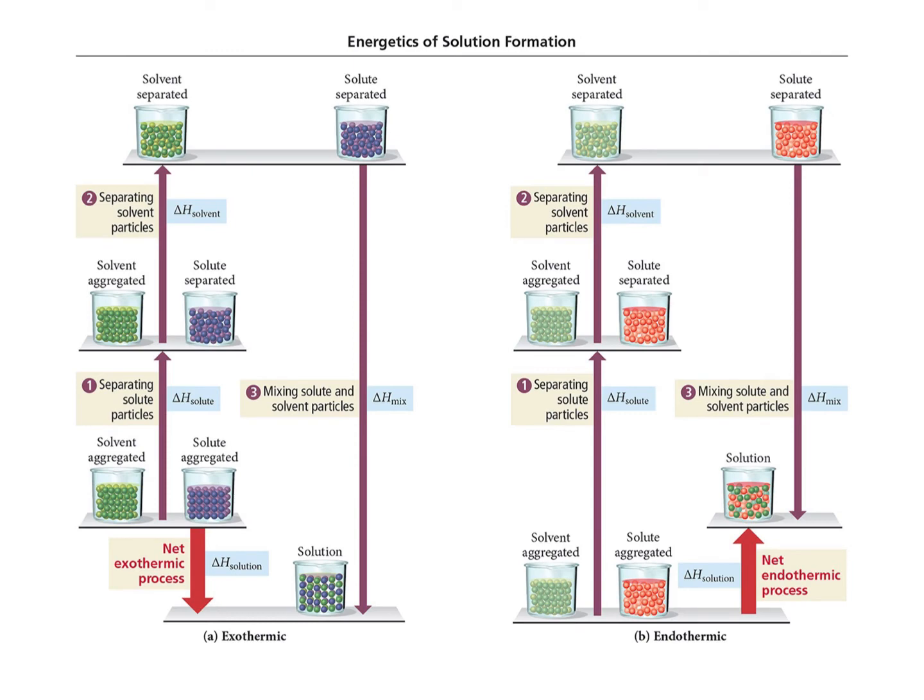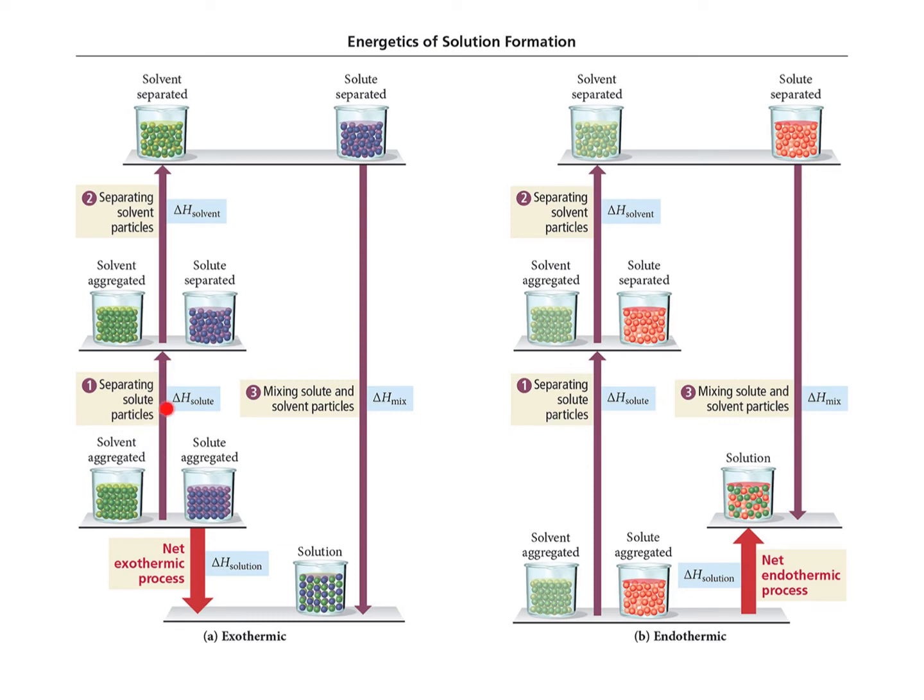All right, and so when we form solutions, those processes can be either exothermic or endothermic. And so in this case, we have an exothermic solution formation and an endothermic solution formation. In each case, we have the three pieces broken down, right?